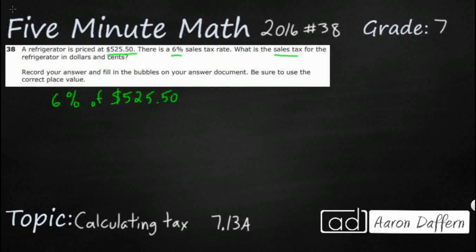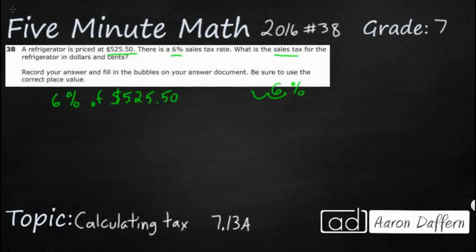But let's first just do probably the fastest way to do this, which is to turn this 6% into a decimal. So if we're turning a percent into a decimal, what you do is you take the decimal point. If there is no decimal point, it's always after the ones place, that's the ones place right there, the 6, and you move it twice to the left. Once, twice.